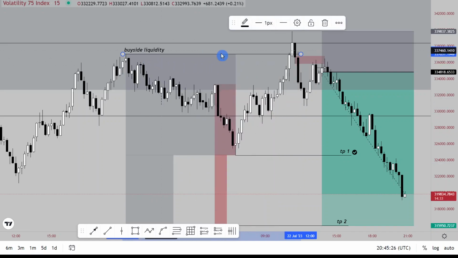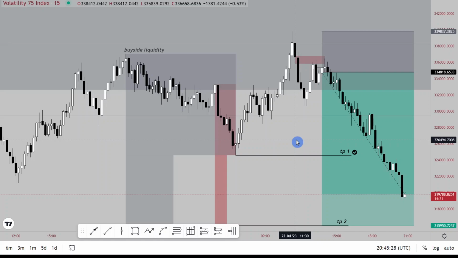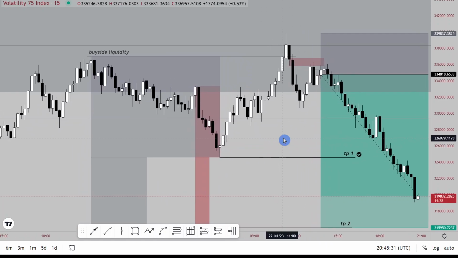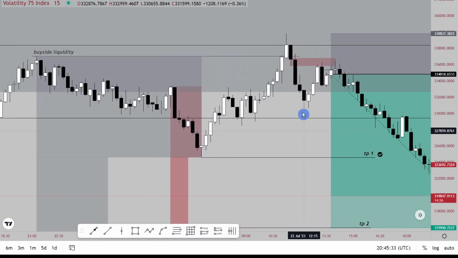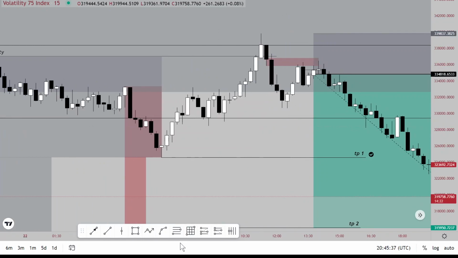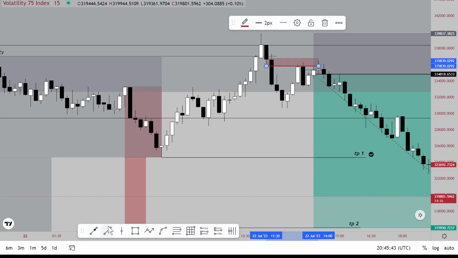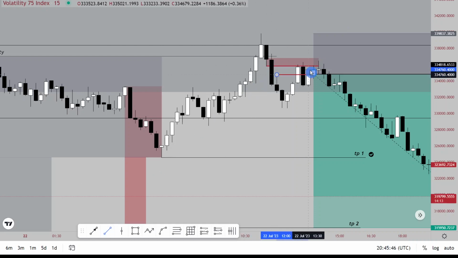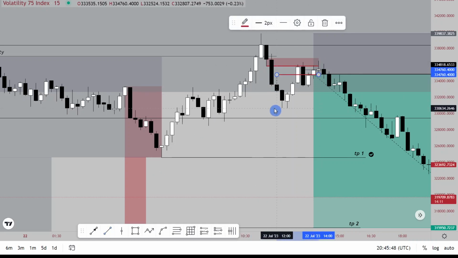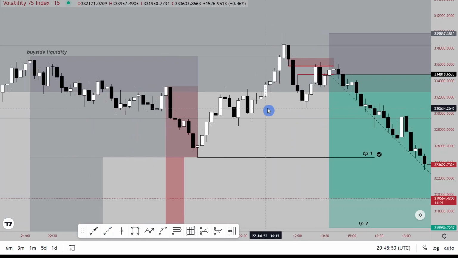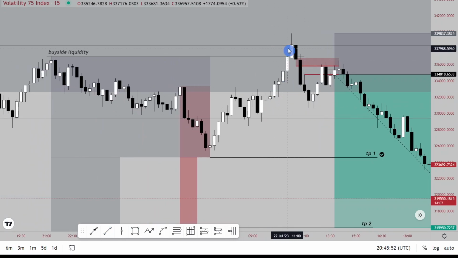As soon as buy side liquidity was taken, I was expecting 2022 model. And what is that? I'm expecting displacement. So here we took liquidity, we had a displacement, okay? And for displacement, you want to see displacement with fair value gap. So we have this fair value gap that was left behind after the liquidity sweep into our point of interest, boom. And then on the 5 minutes chart, this nice displacement has a break of structure.